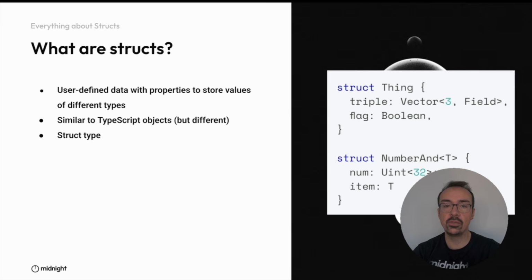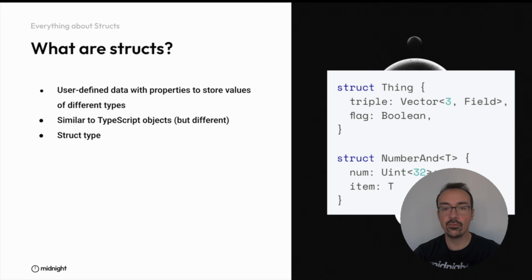So here's how you declare a struct type in Compact. You use the struct keyword, and then you name the type of the struct. The convention is to use uppercase for the first character of the name. And then you open curly braces and you declare some properties and the type of these properties.